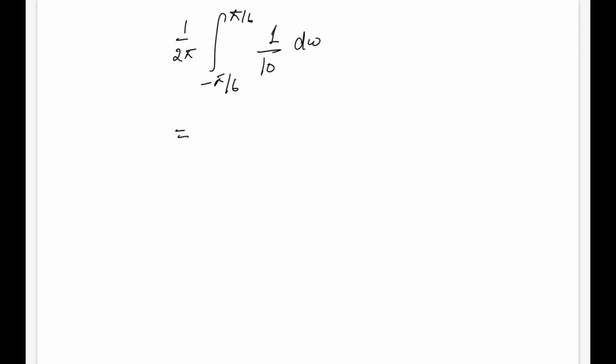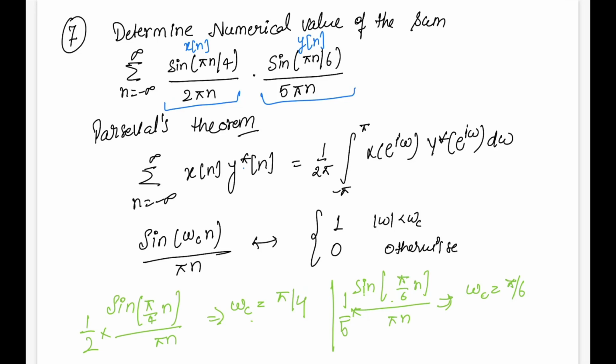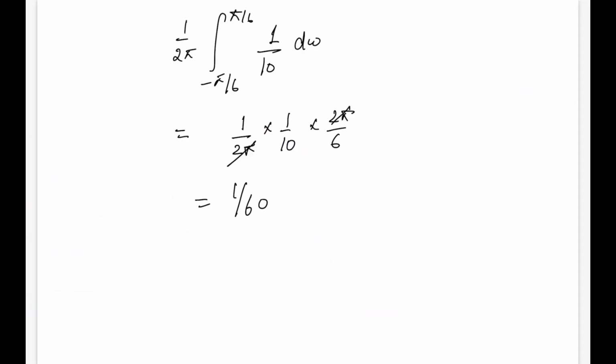So this is 1 by 2π into 1 by 10 into 2π by 6. The 2π cancel, and the final answer is 1 upon 60. So that's how we calculate it.